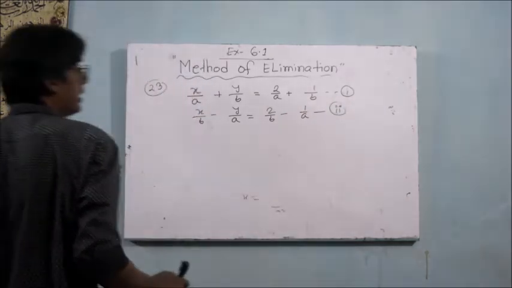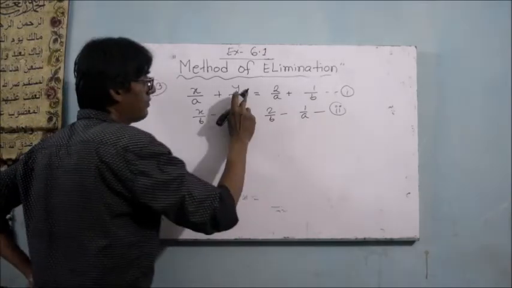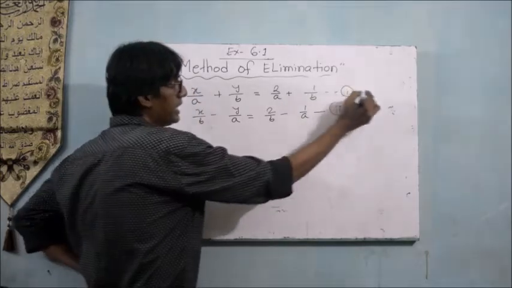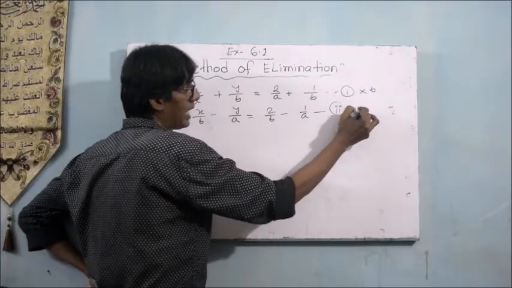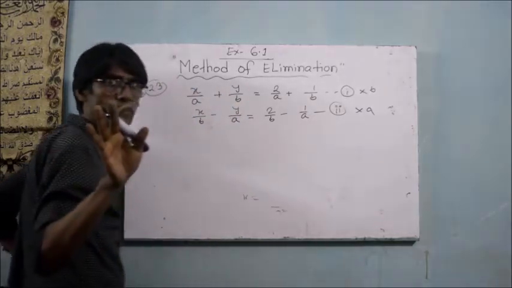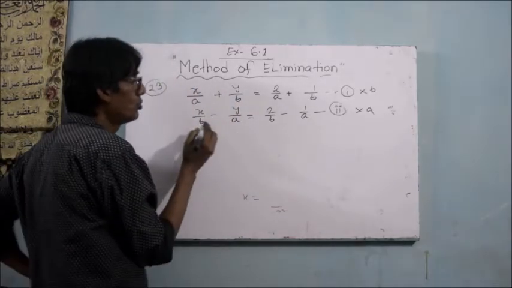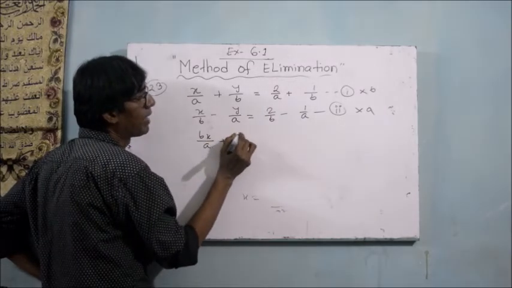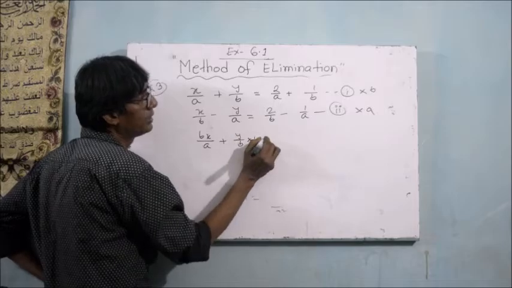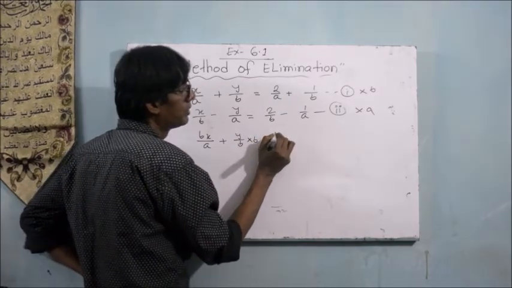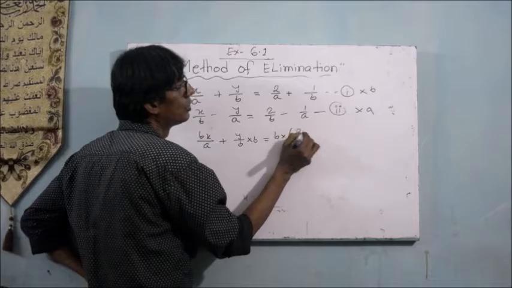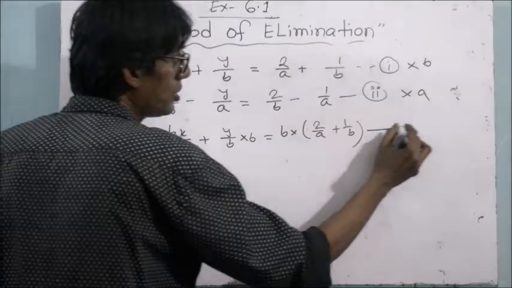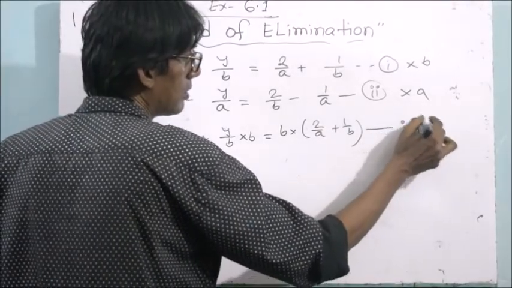Look here, this is y variable, this is y variable, but the coefficients of y are 1 by b and 1 by a. If I multiply this one by b and this one by a, then the y coefficients will be equal. So we can write like this: b into (x by a plus y by b) equal to b into (2 by a plus 1 by b). This is the new equation, equation number 3.